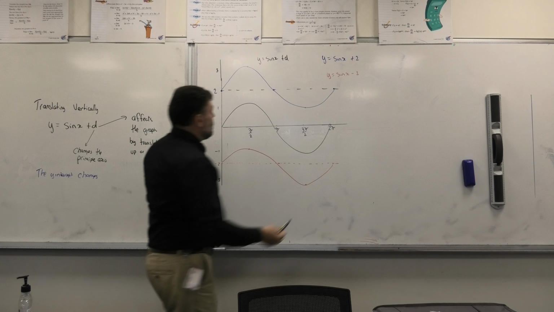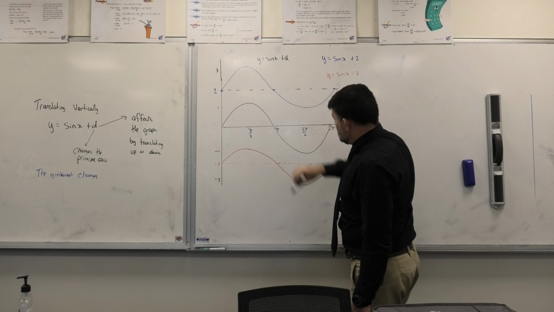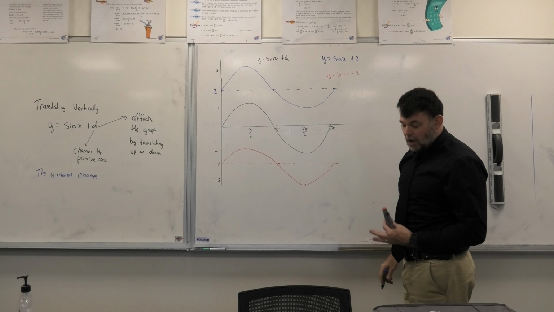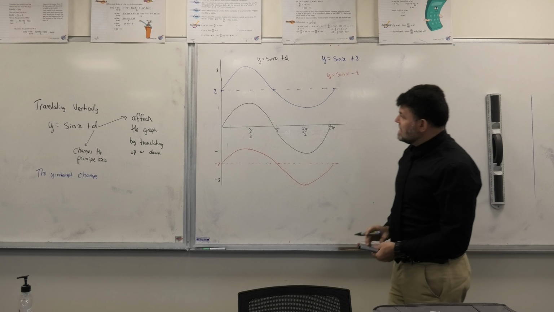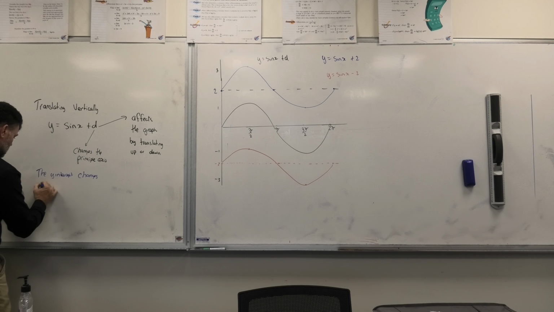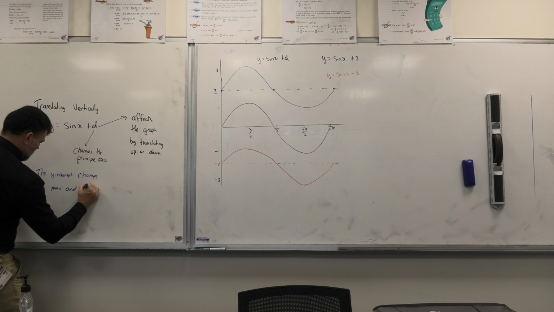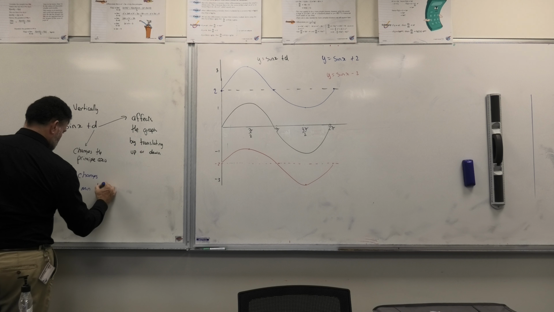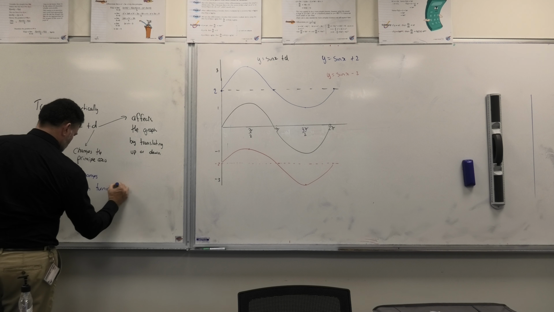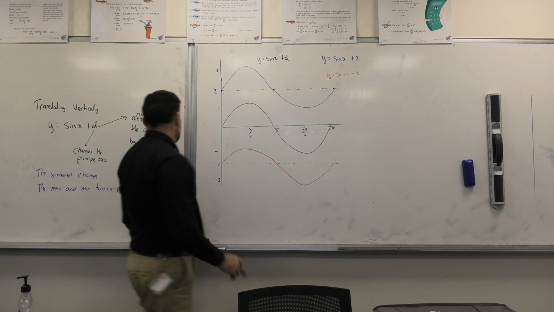If we don't have any changes to our amplitude or our period, then everything else stays the same. So the only thing that will change in this case here would be the y-intercepts and the max and min turning points. Apart from that, nothing else changes.